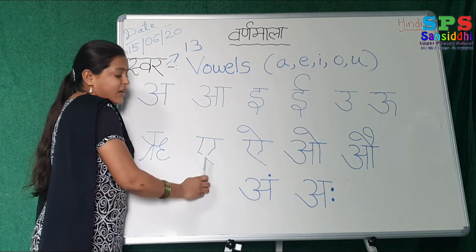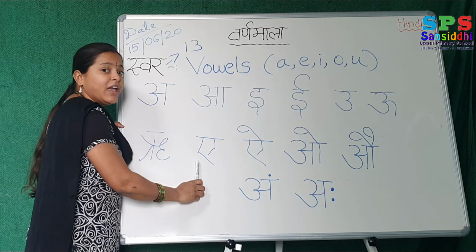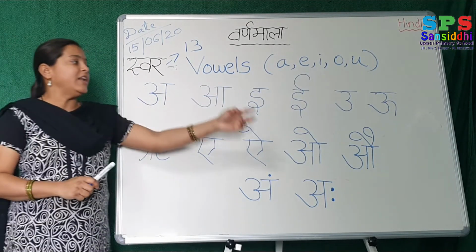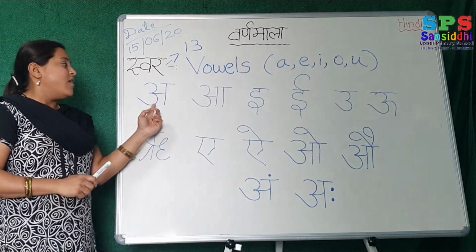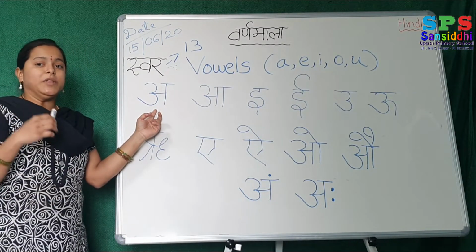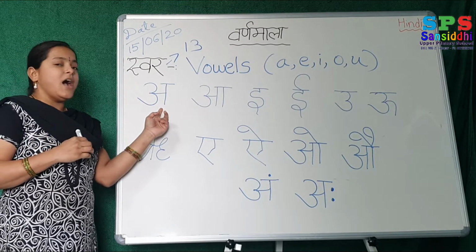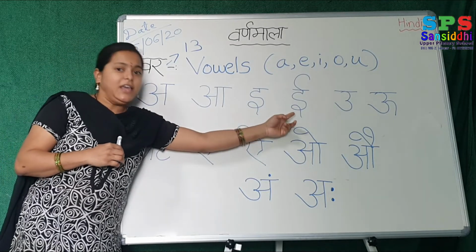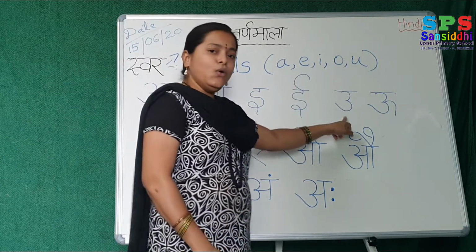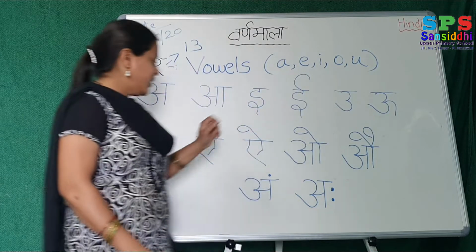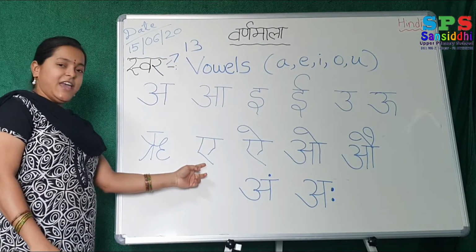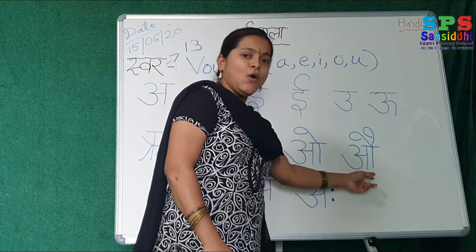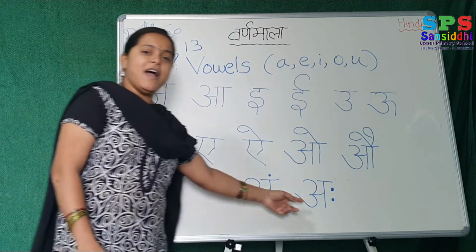Okay? What is this letter called? A. Okay, good. I will record it once again. Read along with me, okay? A. E. U. Oo. Re. A. I. O. Ow. Aha.